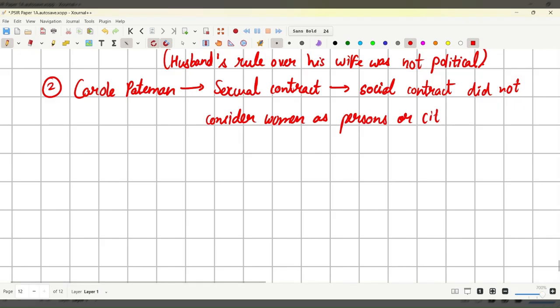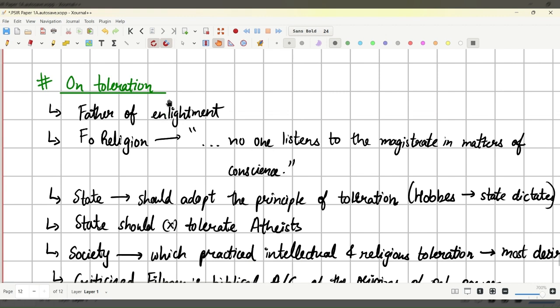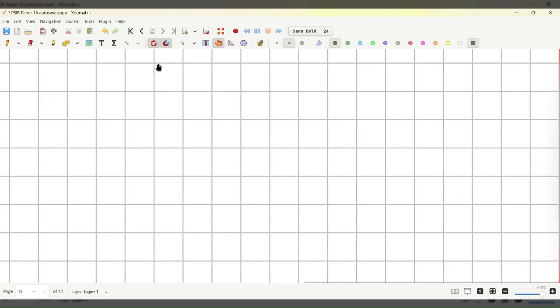That is her criticism. Here on toleration, I mistakenly said Hobbes was the father of enlightenment, but it is not Hobbes, it is Locke.